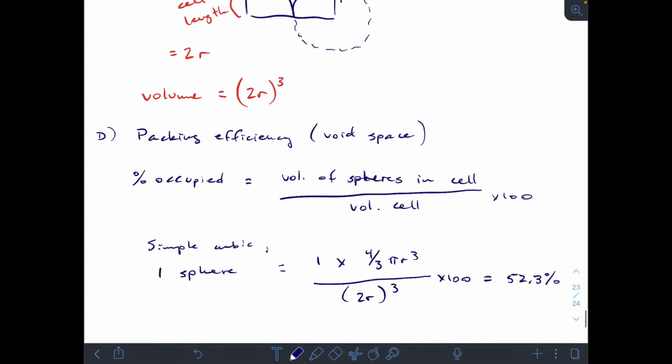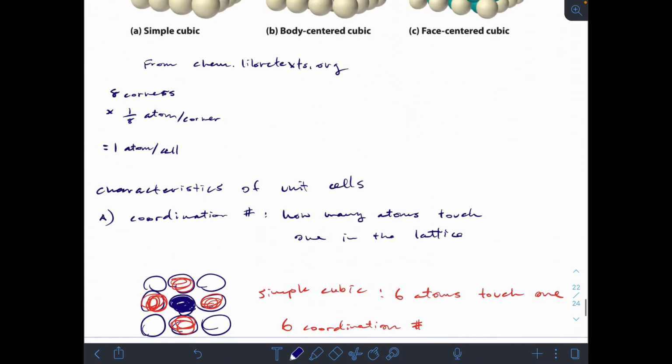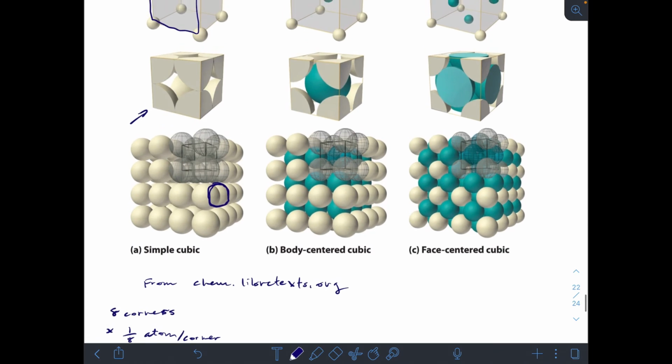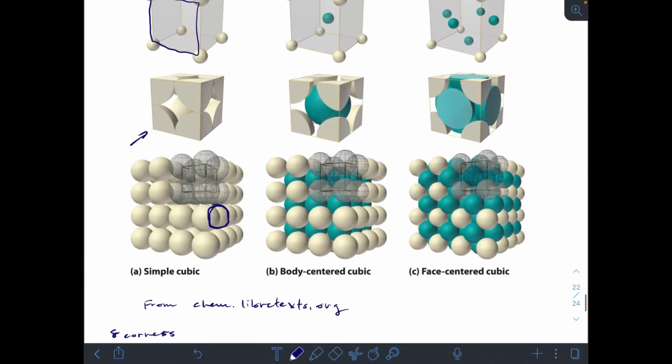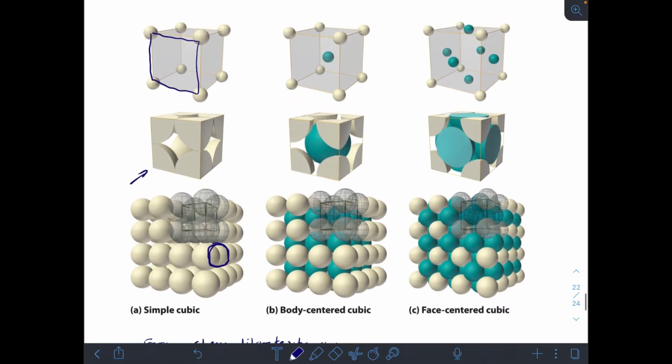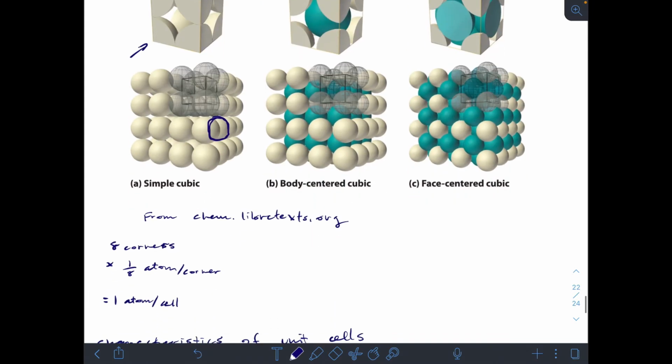All right, so let's come back and talk about these various characteristics for our other arrangements. So the next most complicated is the body-centered cubic. Okay, so we have one whole atom in the center of that unit cell, and then each of the 8 corners has 1/8 of an atom. So for body-centered cubic, we get 2 atoms per cell.